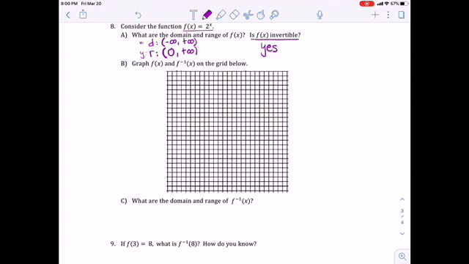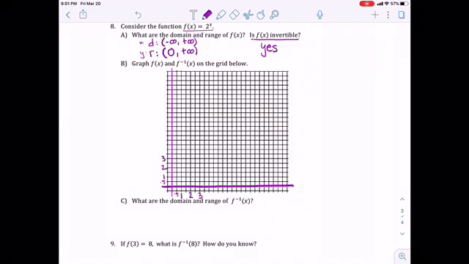So I'm going to go ahead and draw in, just like I did before, my x and y axes. So there's the y-axis, and there's the x-axis. Okay, and remember I was counting by 0.5, so we have our 0.5, 1, 1.5, 2, 2.5, 3, and on our y-axis we had 0.5, 1, 1.5, 2, 2.5, 3.